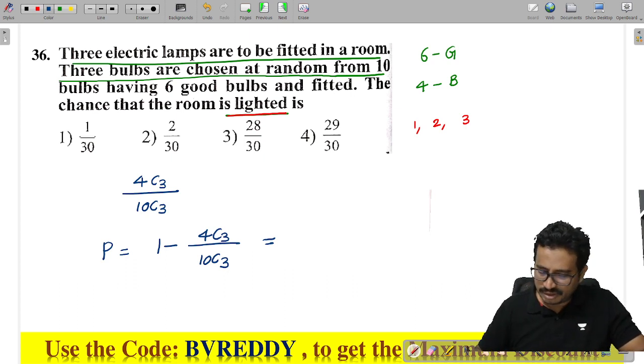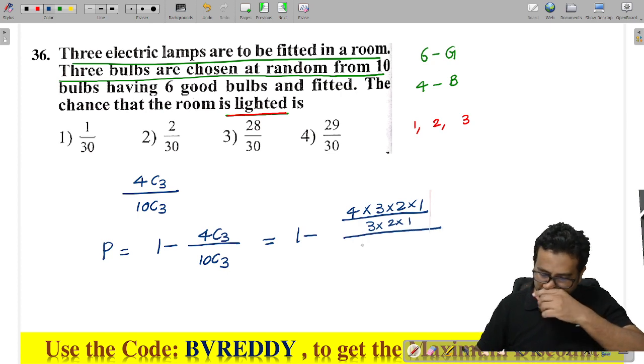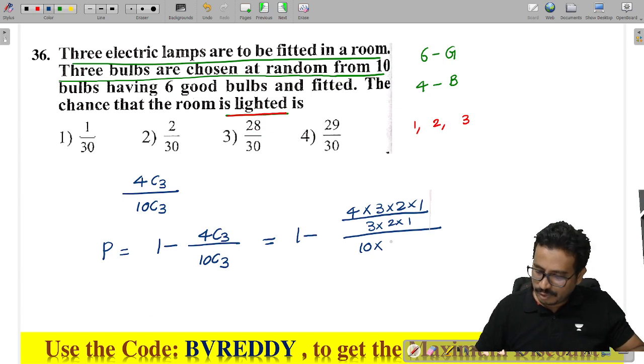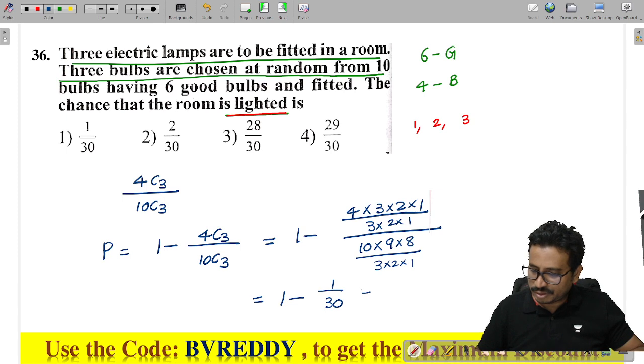Now let's simplify this. 1 minus 4 into 3 into 2 into 1 upon 3 into 2 into 1, divided by 10 into 9 into 8 by 3 into 2 into 1. Simplifying, we get 1 minus 1 by 30, which is equal to 29 by 30.